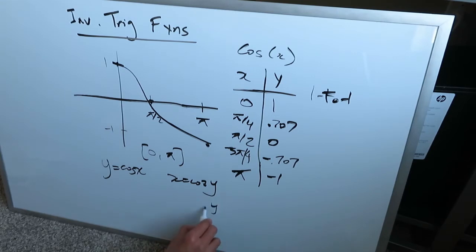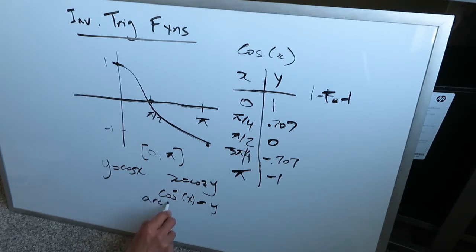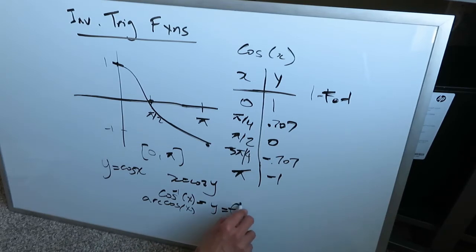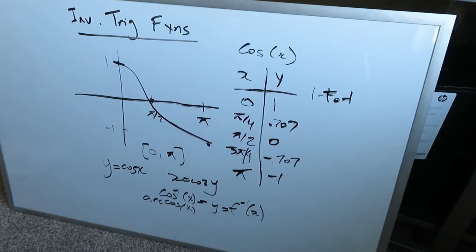Solve for that y. y is equal to cosine inverse of that x. Or you can say arc cosine x. Arc cosine and inverse cosine are synonymous. ARC here is synonymous with inverse when we're talking about trigonometric functions. Now you know this right here is equal to your inverse function for the cosine.